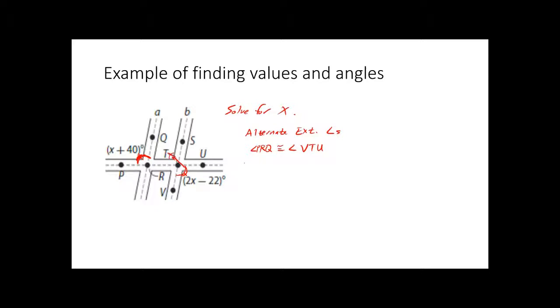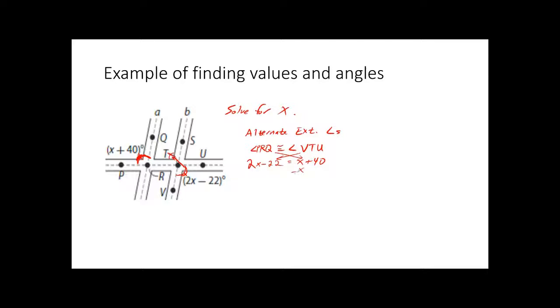Now let's go ahead and substitute. So we're going to have 2x minus 22 equaling x plus 40. Again, I kind of switched them real quick. Sorry, I used the symmetric property real quick.